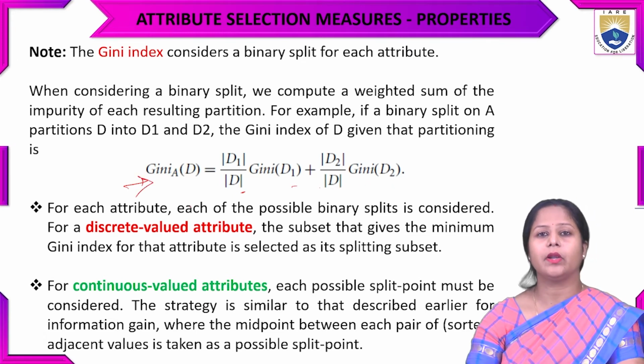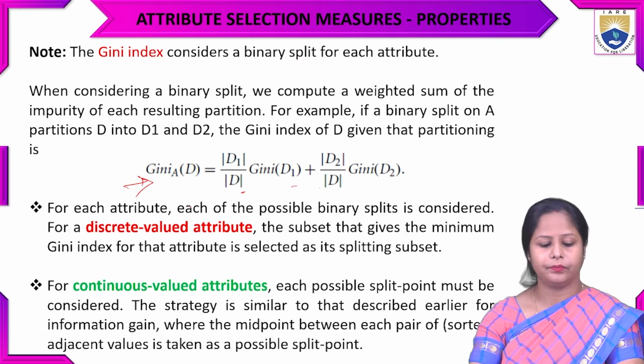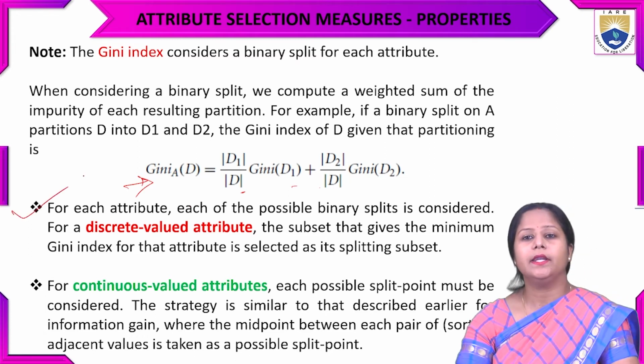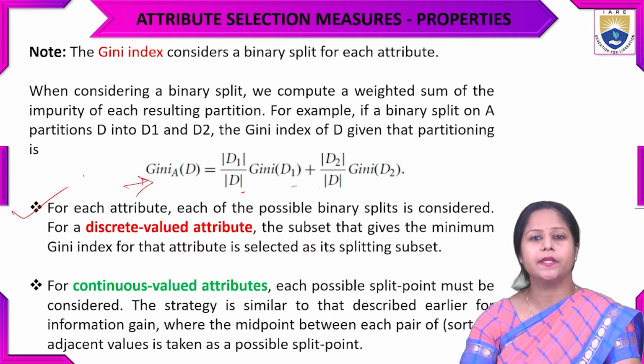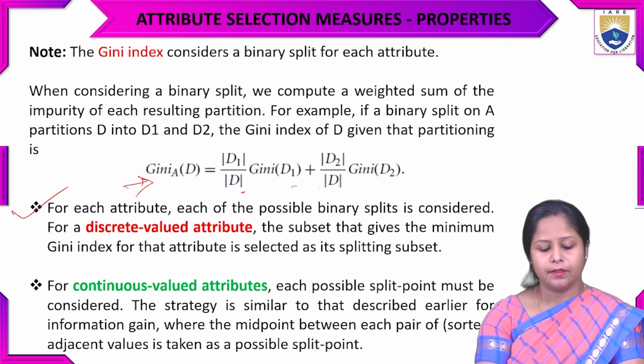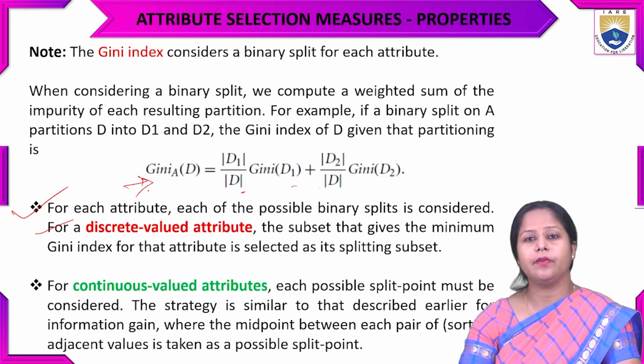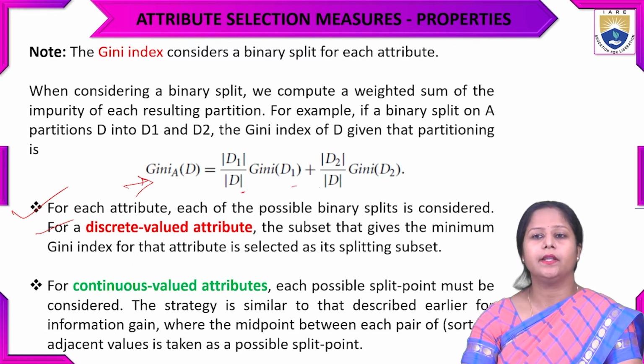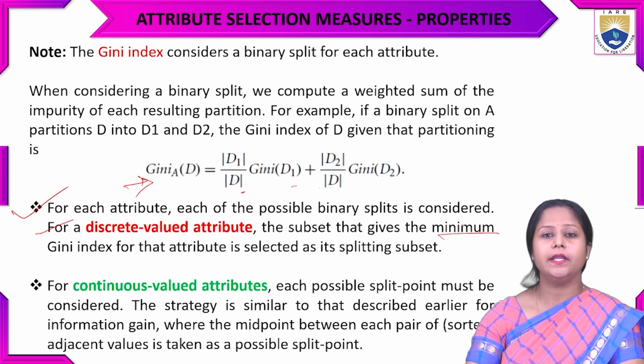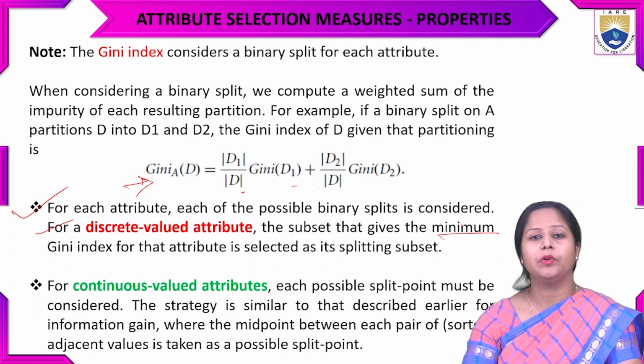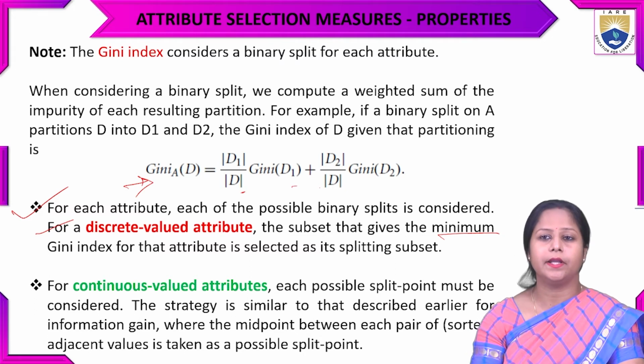By this formula we can calculate the Gini A of D. For each attribute, each of the possible binary splits is considered. That is, for a discrete valued attribute, the subset that gives the minimum Gini index for that attribute is selected as the splitting subset.